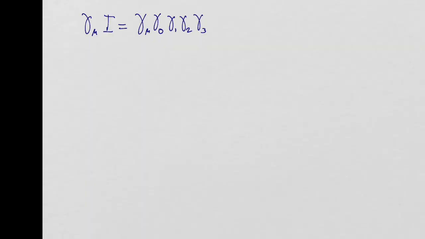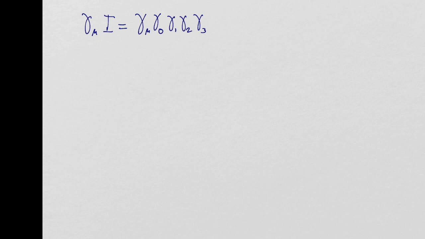Let's study how a basis vector gamma mu in space-time multiplies the pseudoscalar. So gamma mu times gamma 0, gamma 1, gamma 2, gamma 3, where this is our pseudoscalar in nice space-time product form, where we can go ahead and start commuting these things. So I want to move gamma mu from the front to the back.